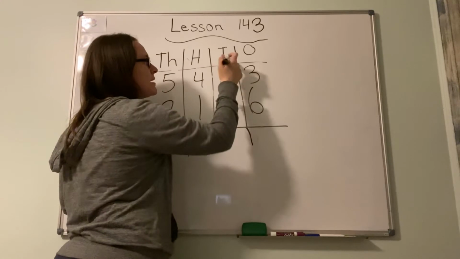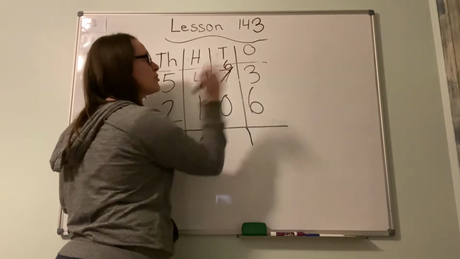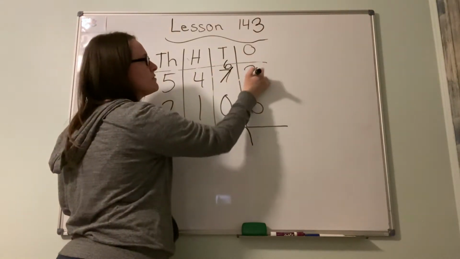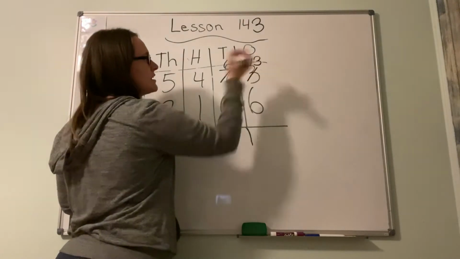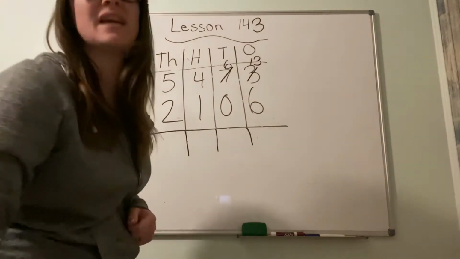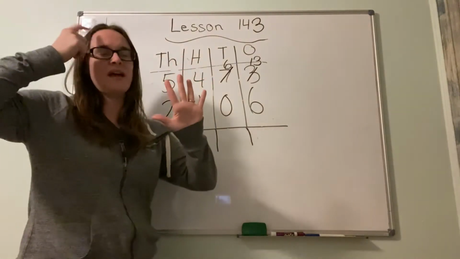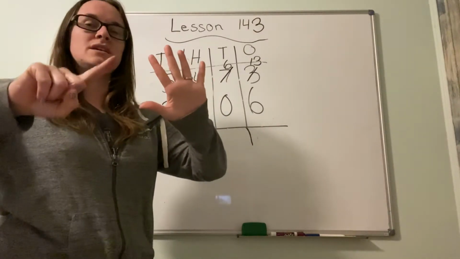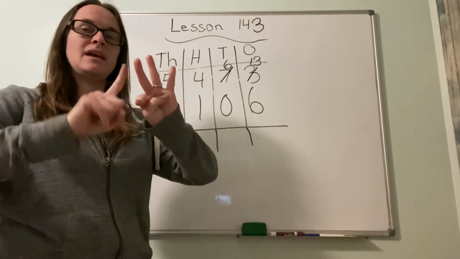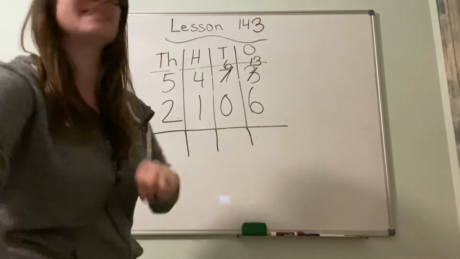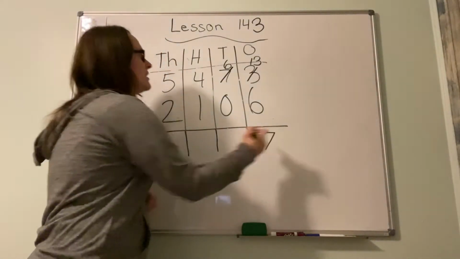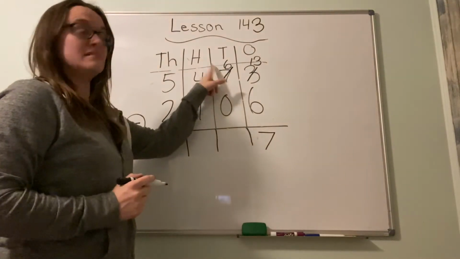So I have to take a ten away. That's going to make that 6. And I'm going to throw it over here. If I throw all 10 of them over here, it's going to make that 3 a 13, right? So now I can take it away. 13, take away 6. Think that 13 in your head if you're not sure: 13, 12, 11, 10, 9, 8, 7. Now we have 6. Take away 0.